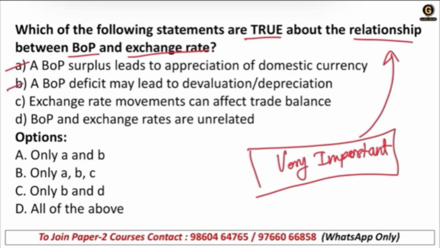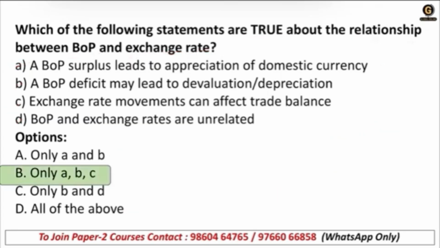B, a BOP deficit may lead to devaluation or depreciation. C, exchange rate movements can affect trade balance. And D, BOP and exchange rates are unrelated. Options are there: A and B only, A, B, C, B and D only, or all of the above. So right answer is option A, B, C only.